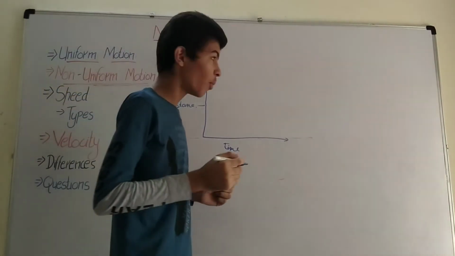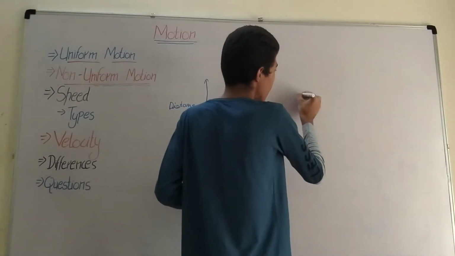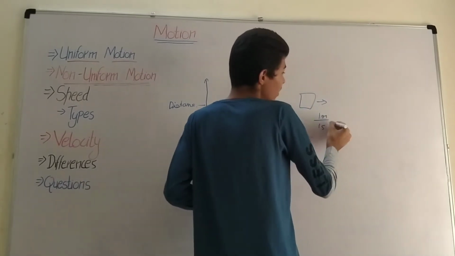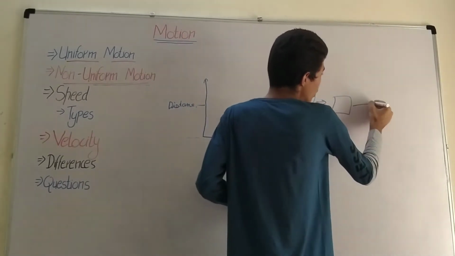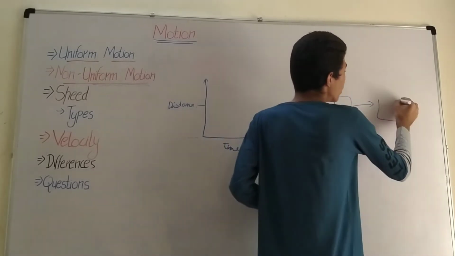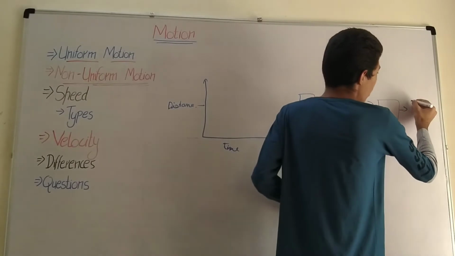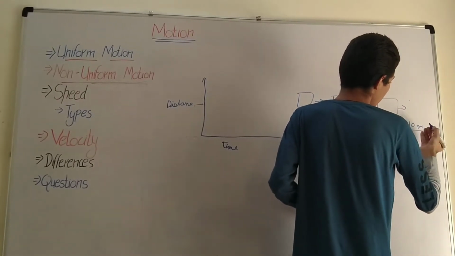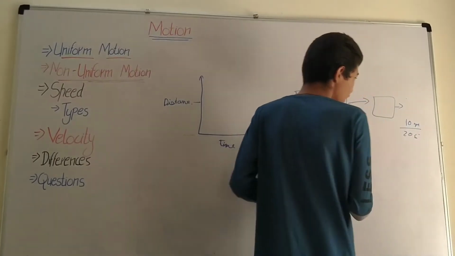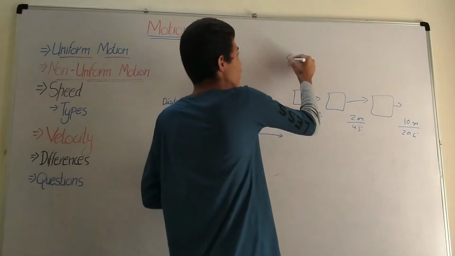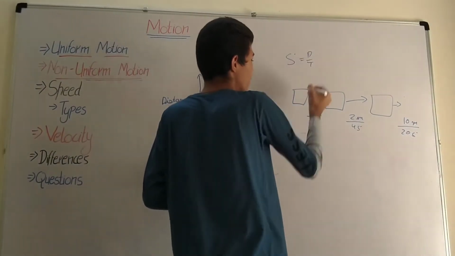And let's take a body which first moves 1 meter in 1 second, and then the body moves 2 meters in 4 seconds, and then the body moves 10 meters in 20 seconds. Now we have to calculate the speed. We know that speed equals distance divided by time.